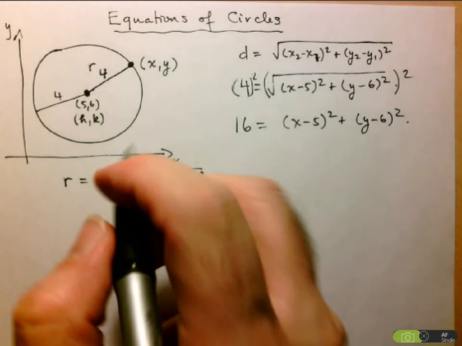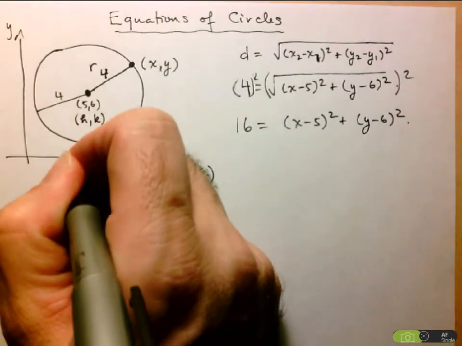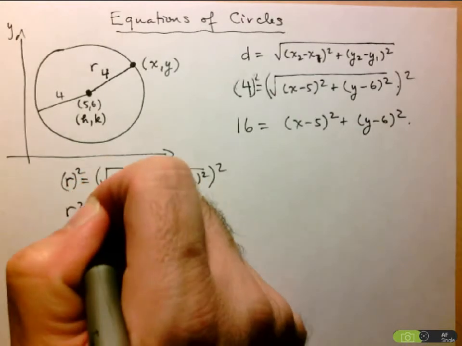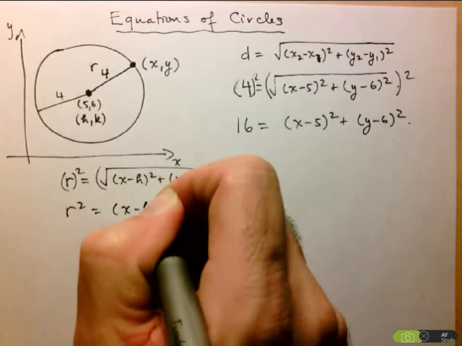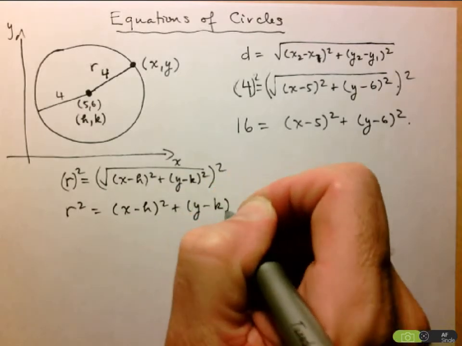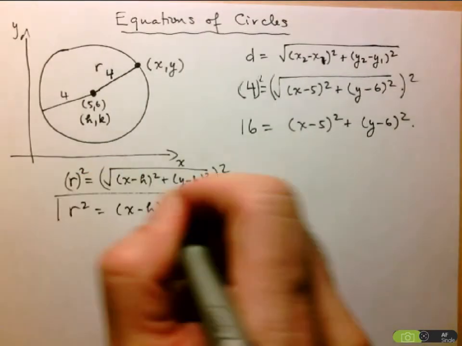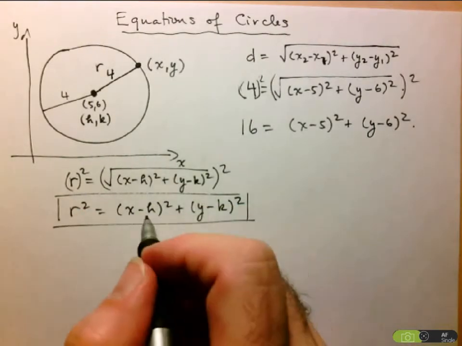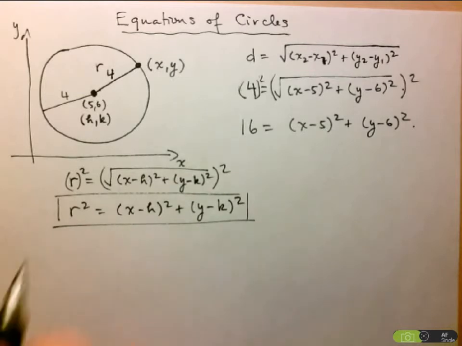And as before, we can get rid of the square root by squaring both sides. So we end up with r squared equals x minus h squared plus y minus k squared. Okay, and this is the equation that describes all points on a circle of center hk and radius r.